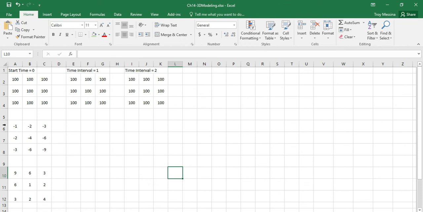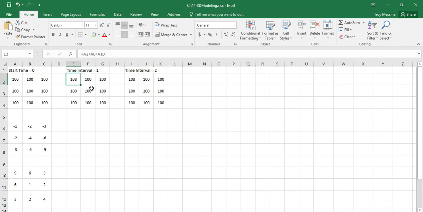But instead, we have these losses. So instead of this being equal to its original value, what I have to do is take that original value and add the loss and add the gain. So I've lost 1 and gained 9, so that's a net gain of 8.